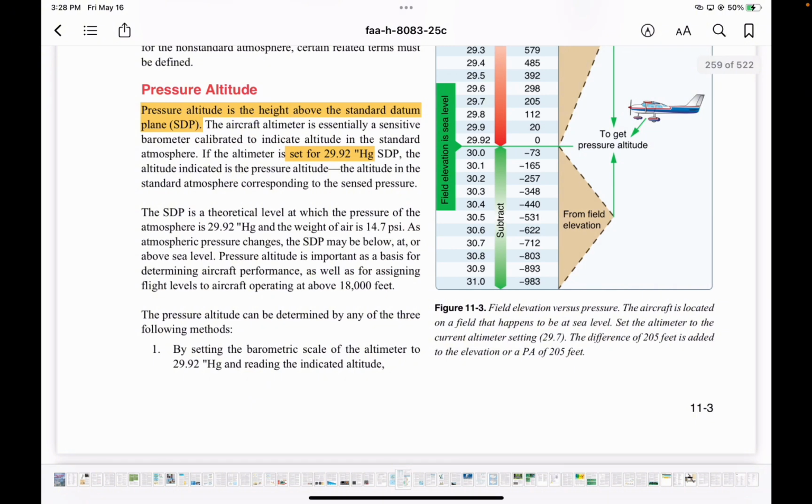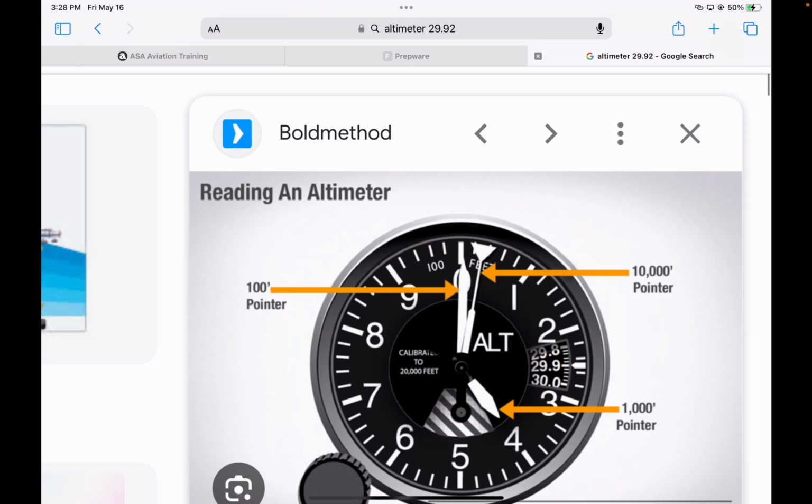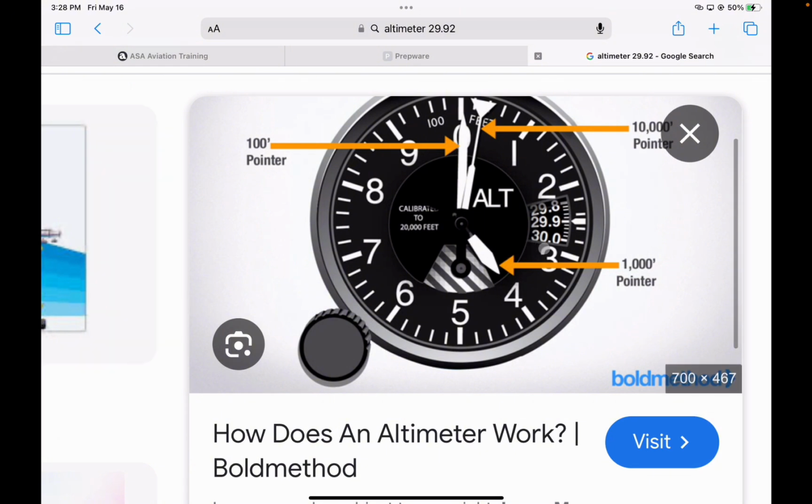So how do you find pressure altitude? Well, if you set your altimeter to 29.92 inches of mercury and you read it off, that would be your pressure altitude. And let me show you real quick. I have an altimeter here. This is how you set it.